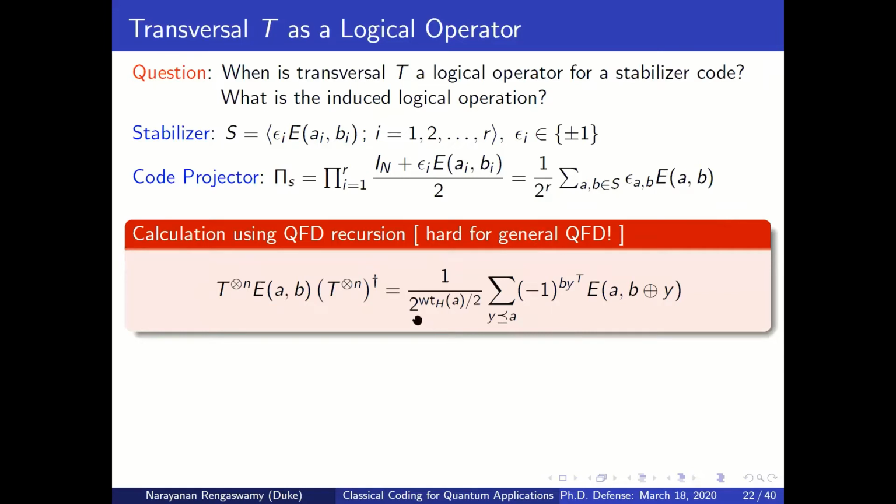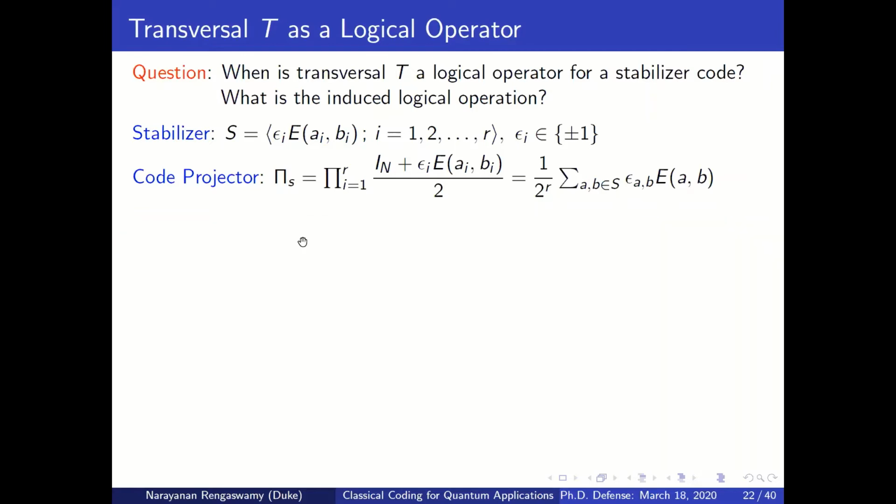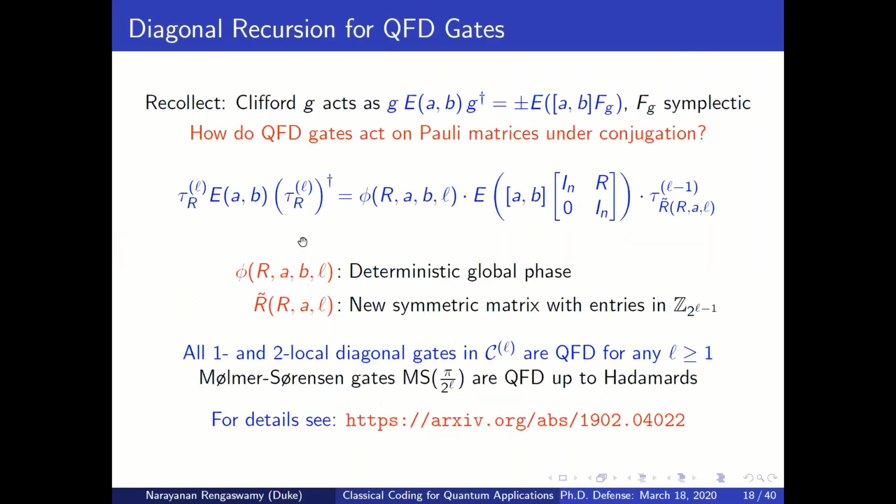And so T, like we saw before, is a QFT gate. And just to remind you, let me go back. So here, you can think of this as T on all qubits, and you're conjugating a Pauli matrix. You can use this expression that we derived, but it's sort of in a product form. So it's like this times this times this.